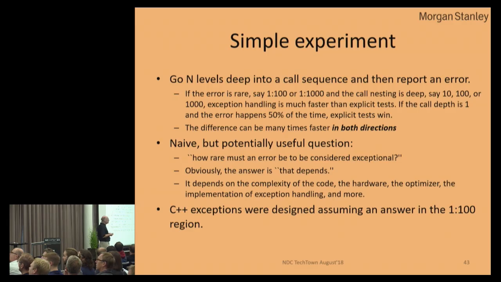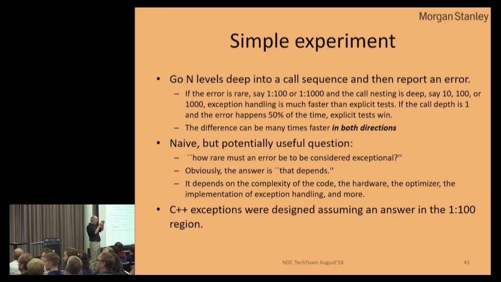So there's a simple experiment that I've done repeatedly and other people have done. Go n levels deep in a call sequence and then report an error. You can do that with exceptions, you can do that with error codes, and so which is the more expensive? If you do that experiment a couple of times, you will find that sometimes error handling with error codes is really much faster and simpler.